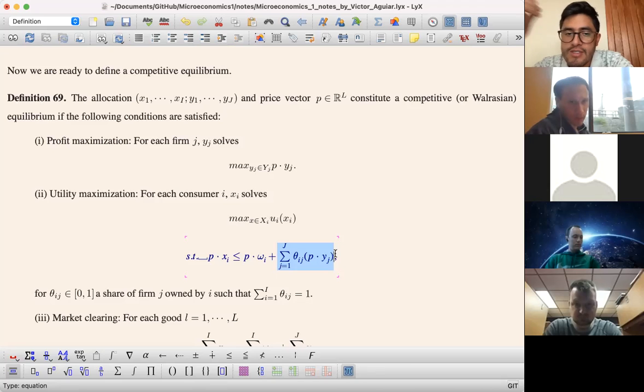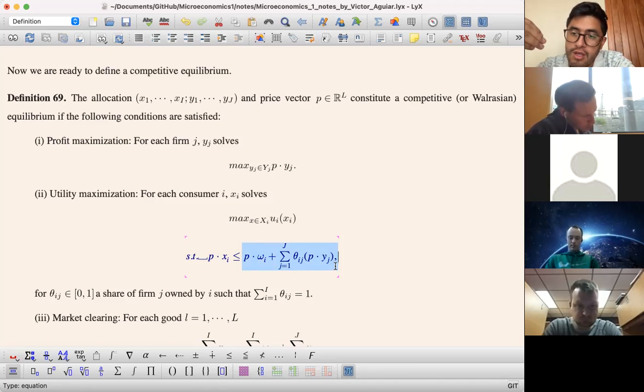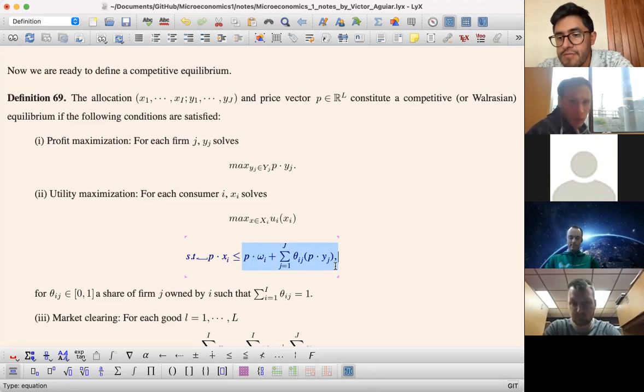So now, as you can see, all this term on the right-hand side is no longer an exogenous income level, but rather an endogenous income, right? That is the result of selling your endowments and your shares of the profits that you privately own, okay? So each consumer here has preferences, has an endowment of goods, and then has shares over the firms, okay?